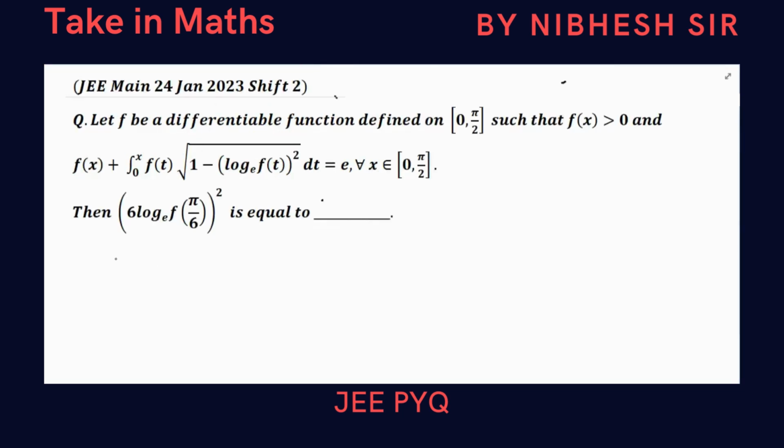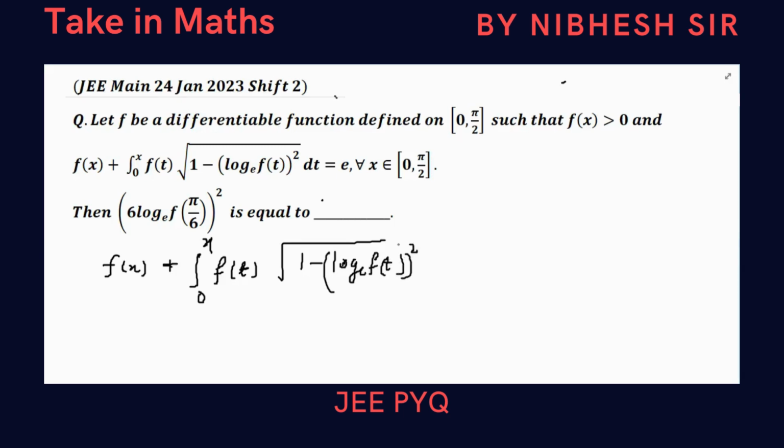So here we have the question: f of x equal to f of x plus the integration from 0 to x of f of t, under root 1 minus log base e f of t the whole square, dt, equal to e.